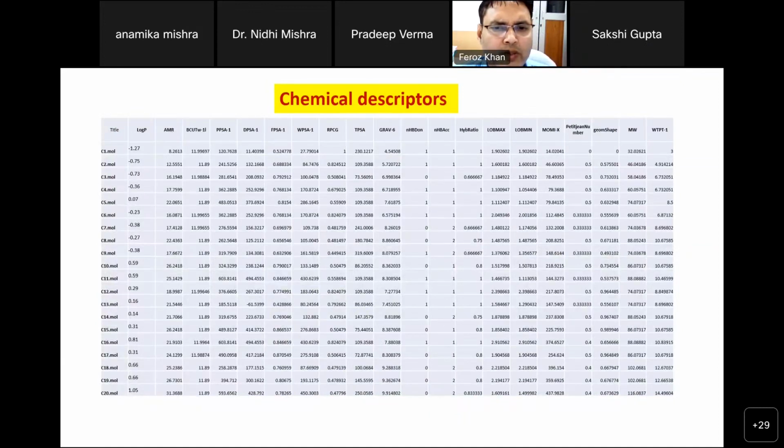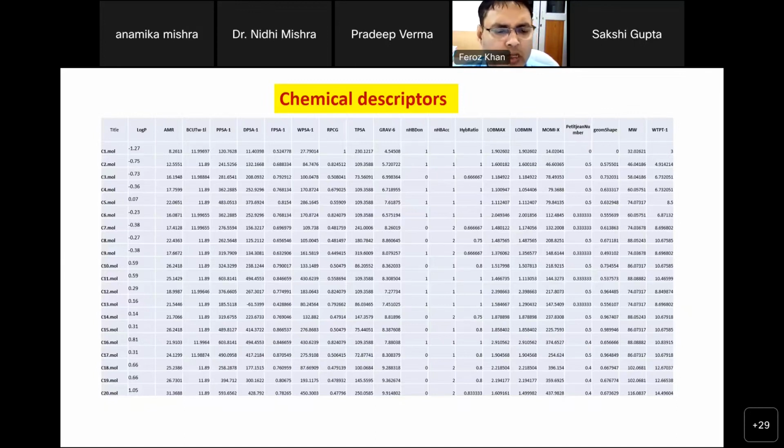The columns represent the different chemical properties while the rows indicate the different compounds in the training set. These training set compounds are basically experimentally known active compounds, so it is in vitro or in vivo tested data. You can either calculate it in your lab or take it from databases or from the literature.